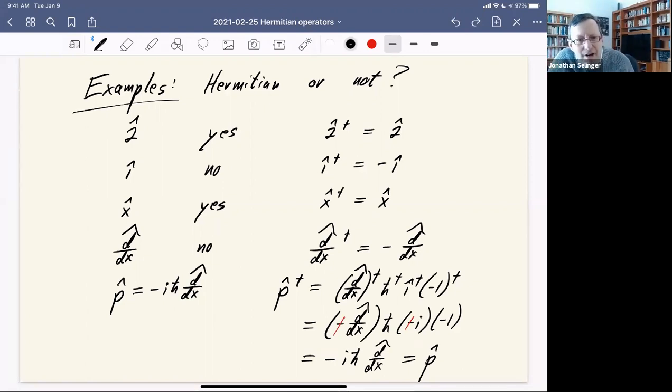So the momentum operator is Hermitian. If we go through this argument, we get that the Hermitian conjugate of p is equal to p. The extra minus sign associated with conjugation of the derivative cancels the minus sign associated with the conjugation of the i. And so p is a Hermitian operator.